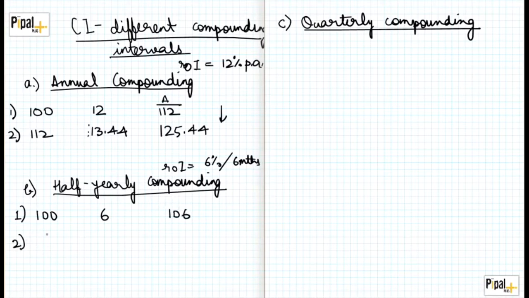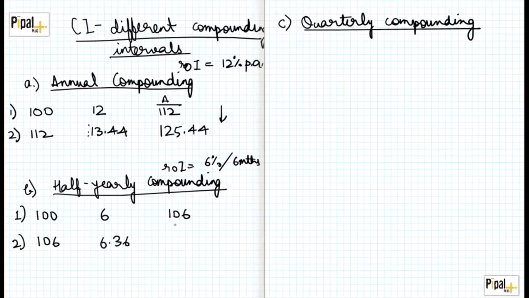Now for the second 6-month period, the principal is 106 rupees. The interest earned on this 106 rupees at 6% is 6.36 rupees.